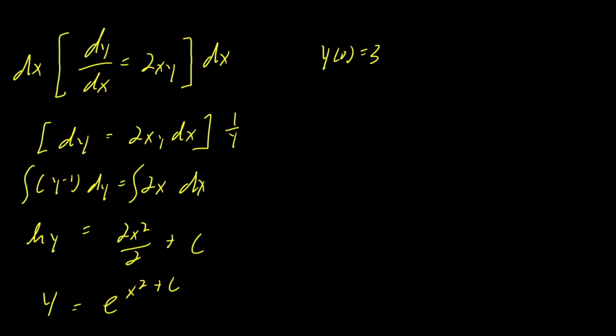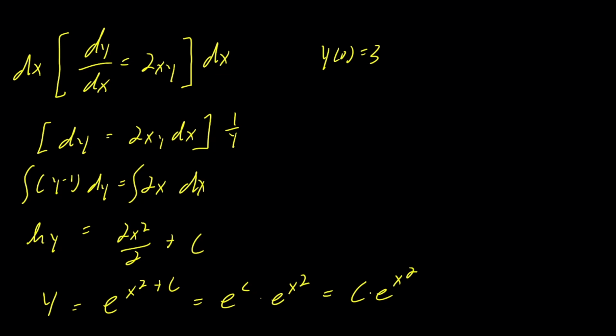Well, we can break e to the power of x squared plus c into a product. Now, what happens when e is raised to the power of some constant? Do keep in mind that e is a constant raised to another constant. It turns out that it's just c times e to the power of x squared. And this is our general solution in its simplest form.